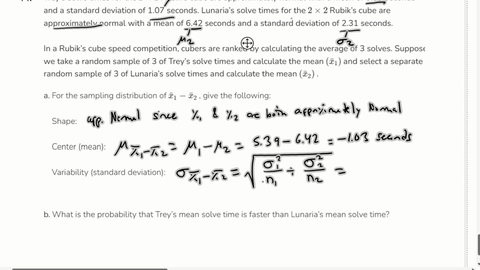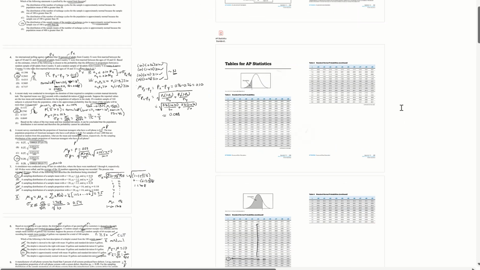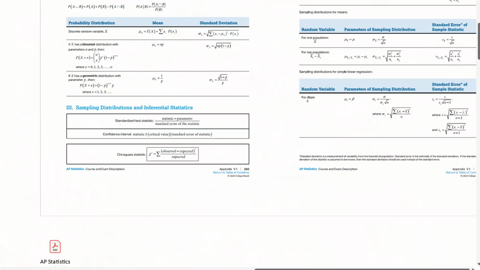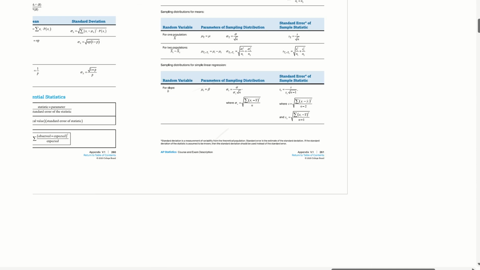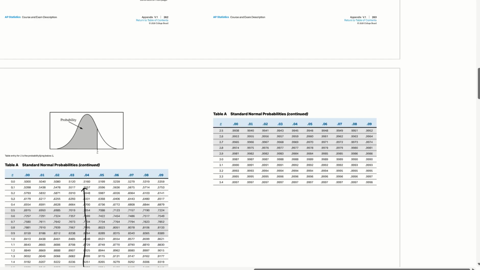We can check that just to show you. Let's go back to that formula sheet so we can show you where to find it. All right, there you go. So there's mu1, mu2, and then sigma squared 1, sigma squared 2, right? That's what I was trying to show you earlier.